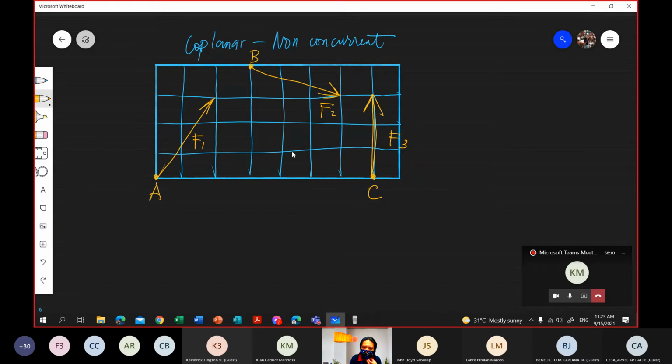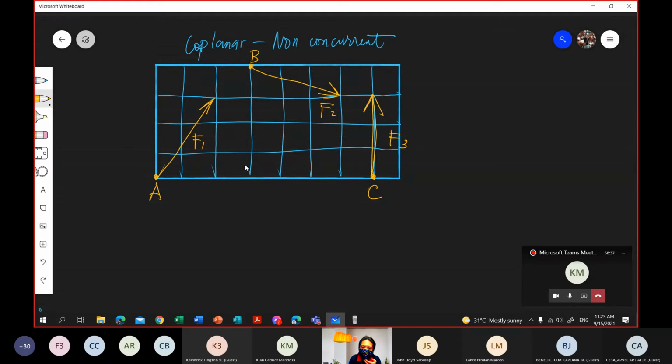So they do not intersect at a common point. So you have to identify also kung diin nag-a-act ang iya net force, ang resultant. Okay, so the magnitude of the resultant, the direction of the resultant, and the location of the resultant.